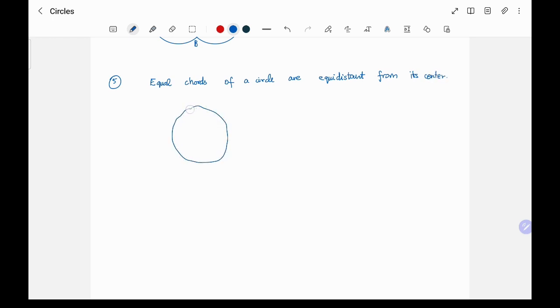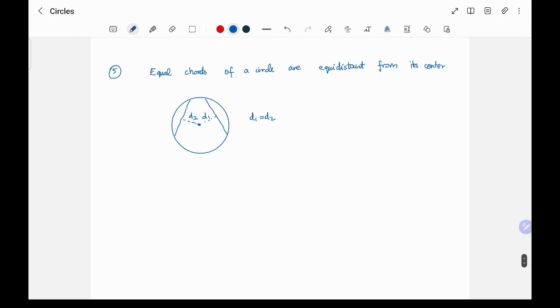So if you have 2 equal chords, then their distance from the center should be equal. D1 should be equal to D2. That is what it says. And again, it is easy to prove via congruency.